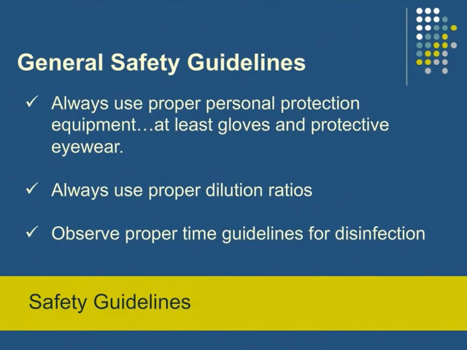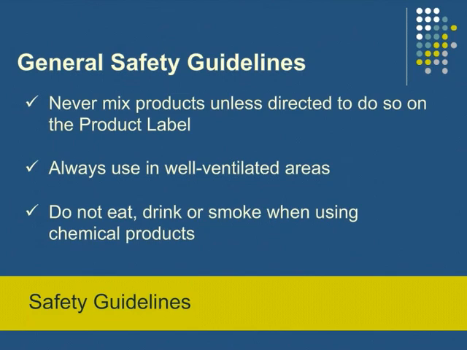In addition to all of the information presented on the product label and SDS, there are a number of general safety guidelines that will help you use and handle chemicals safely. Always use proper personal protection equipment, at least gloves and protective eyewear. Always use proper dilution ratios. Observe proper time guidelines for disinfection. Never mix products unless directed to do so on the product label.